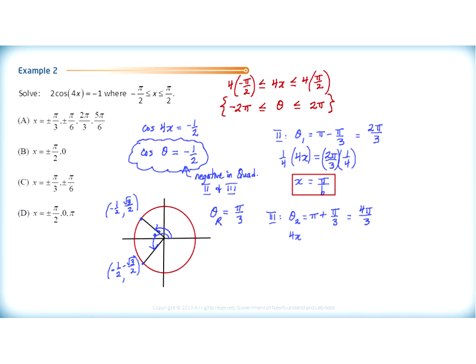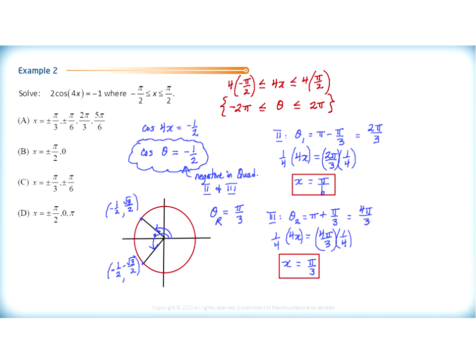Replacing theta with 4x, we have 4x is equal to 4 pi/3. Multiplying both sides by 1/4 results in x is equal to pi/3 radians. So that was on our first positive rotation around the circle.